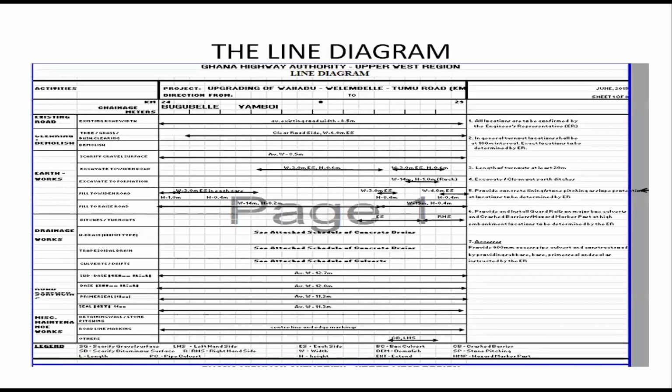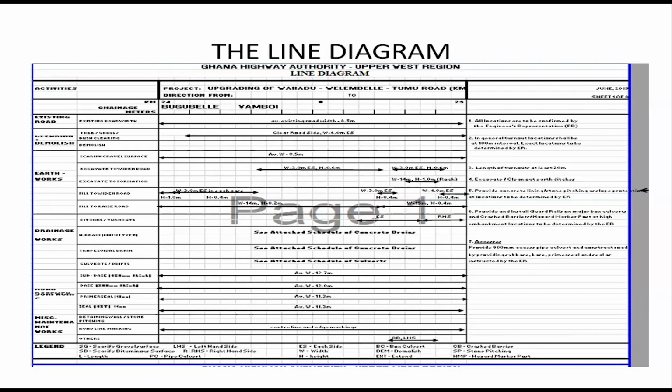So having said that, this is a typical line diagram. We have the 6 main activities. That's the existing road width, demolish or clearing.